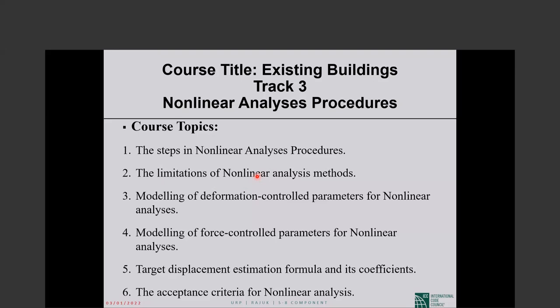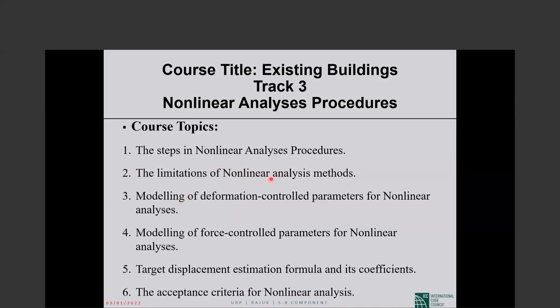Tell the software to use just one. And then use more modes, as usual, the number of modes such that the effective mass is more than 90%. And then if in any story the difference between these two results of the story shear is more than 30%, it shows that higher modes are important. Something like that. So there are some criteria that they recommend.